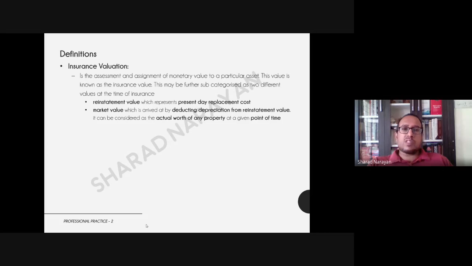Okay, value is basically what you are willing to pay for a particular property or for a particular asset. Market value is determined by deducting depreciation from this reinstatement value, the cost that is incurred in terms of replacing a particular asset. Okay, I hope that is clear right now.